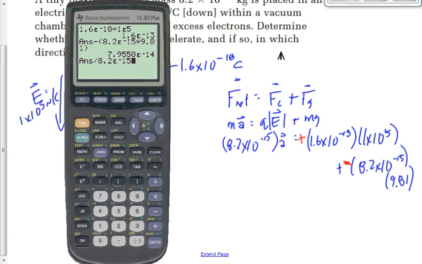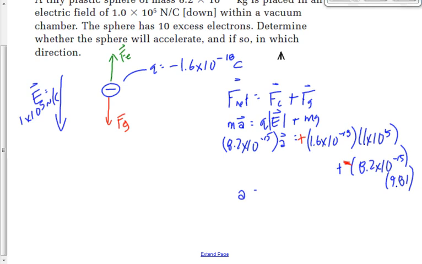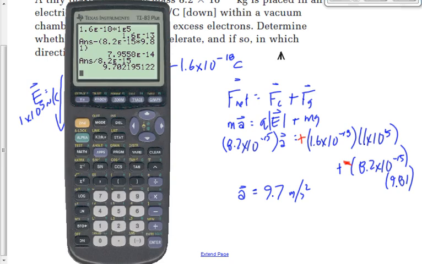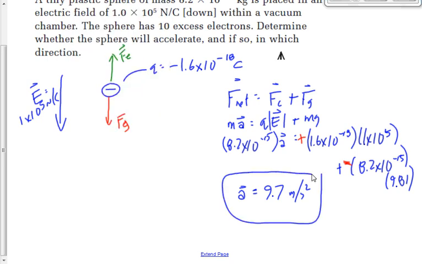And that gives us an acceleration of 9.71, 9.70, or we're just going to round it to 2 digits. Solving for that, we got a positive value. What does that tell us? A positive value means the acceleration is upward. It accelerates in the positive direction, so it's going up. It means the electric force is bigger than the gravitational force.